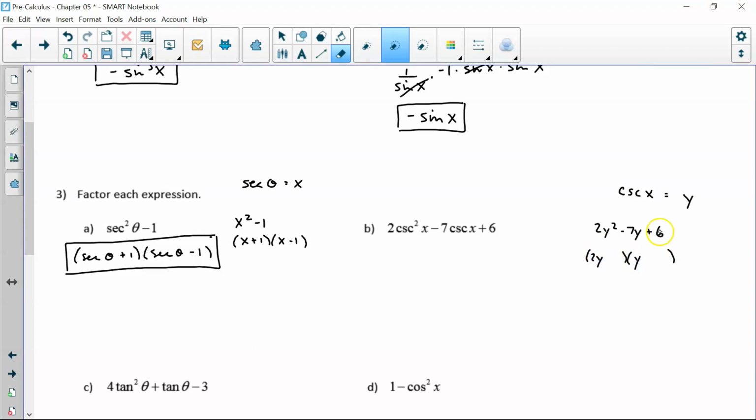Now to get to that positive 6 and the negative 7, we're going to have a minus 2 here and a minus 3. That's what you get when you factor that quadratic. So now, putting cosecant x back in for y, it's 2 cosecant x minus 3 and the cosecant of x minus 2.